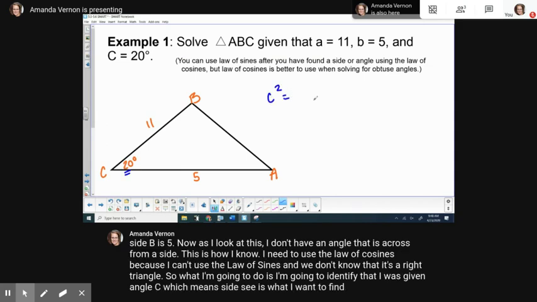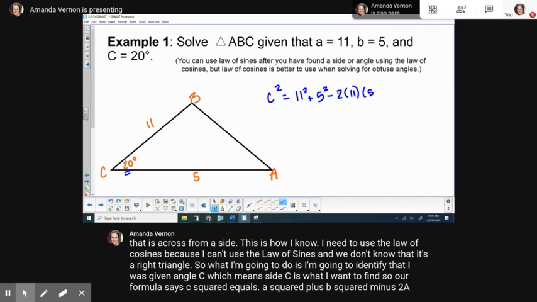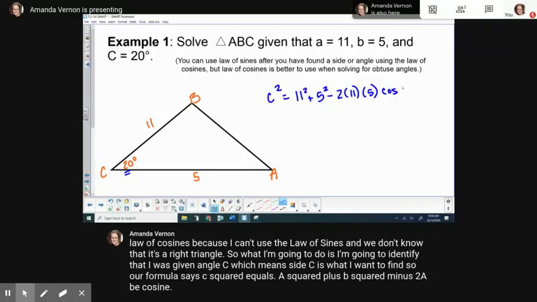So our formula says C squared equals A squared plus B squared minus 2AB cosine of C. Now notice that side C and the angle C are not on the same side of the equal sign.